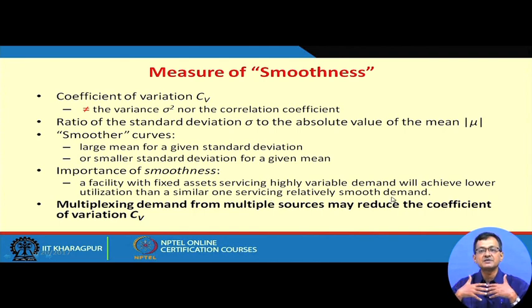Say I am a service provider with some 100 systems at my backbone, and I know that the demand will be smooth. Then I can manage things better, and deciding the value of n, the number of systems, is much easier. But if demand varies a lot, suddenly going up to 100, then down to 10, then I have a problem.